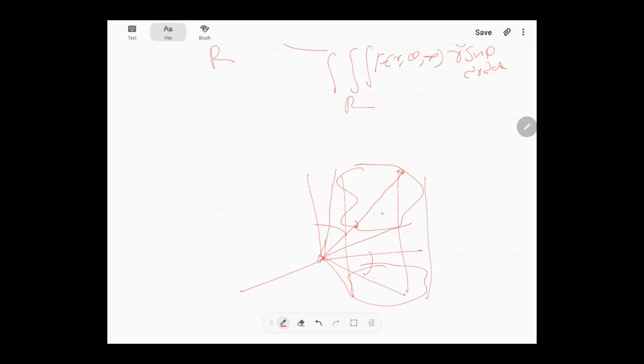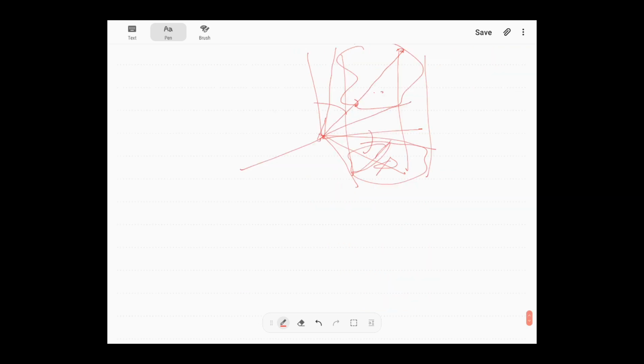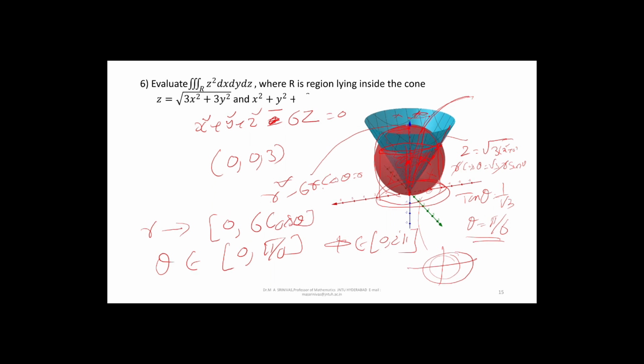This phi, this angle, these are the limits, and these are the limits for theta and r. This is the procedure we adopted. So with this I complete the evaluation of integrals by converting to spherical polar coordinates.